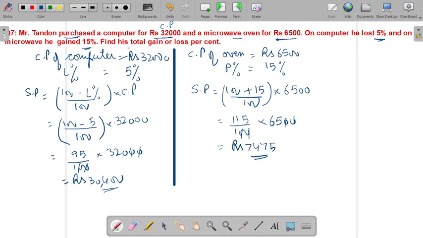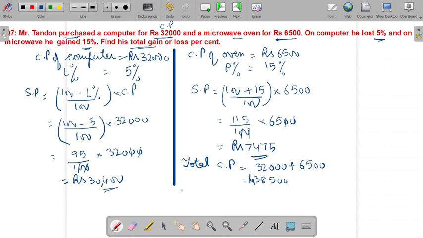Now the question is, you have to find out total gain or loss percent. So it means that we have to find out total cost price first. Total cost price would be 32,000 plus 6,500. So this is equal to 38,500.